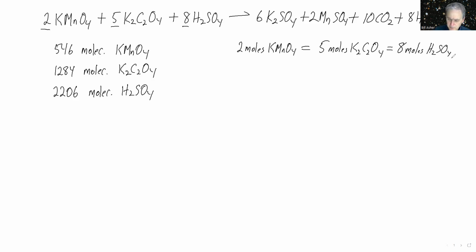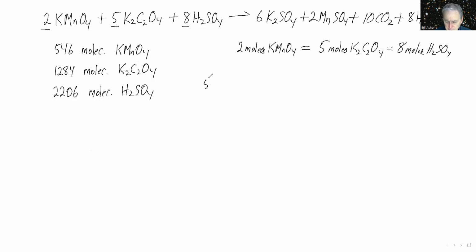Molecules, not moles, sorry, I'm getting ahead of myself. So if I want to know how many molecules it takes to react with 546 molecules of KMnO4, I have to use these as unit conversions to convert molecules of KMnO4 into molecules of K2C2O4.